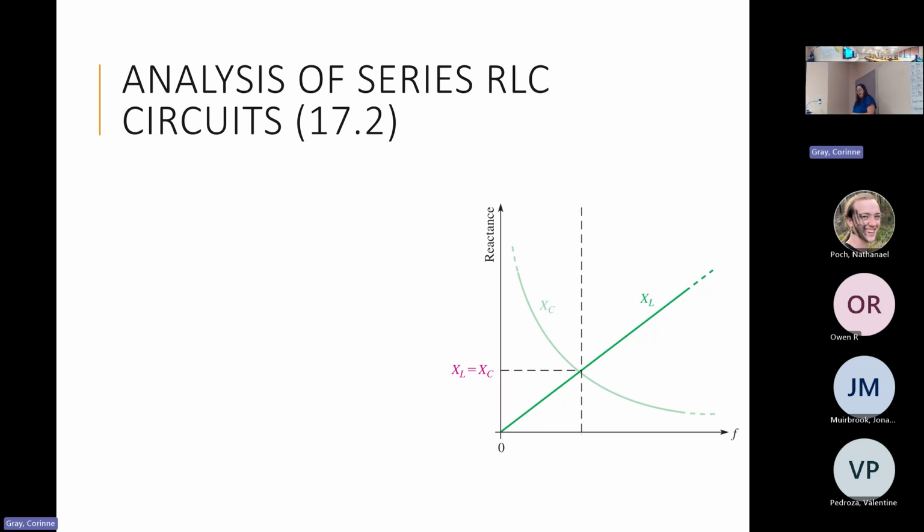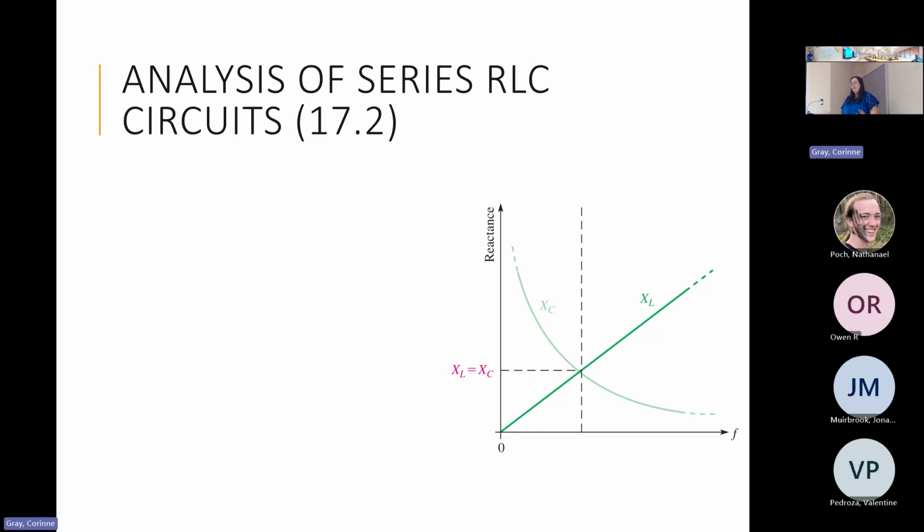If we look at the graph, there is one very special point where the 2 lines are going to meet. That is going to be where XL is equal to XC. So these are the 3 different things that are dominating our series RLC circuit.